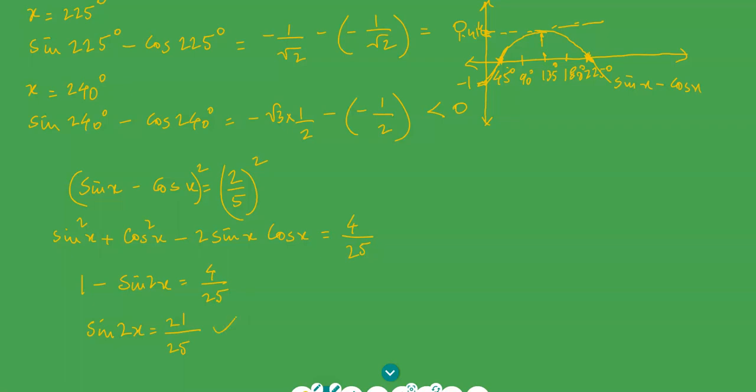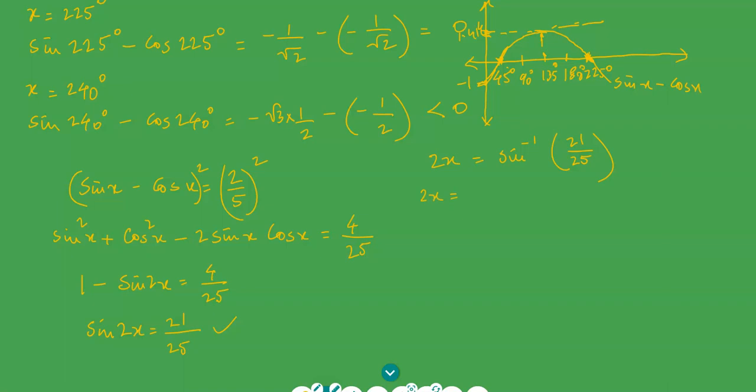So what can be the values of the 2x angle? It will obviously have the values sine inverse of 21/25.